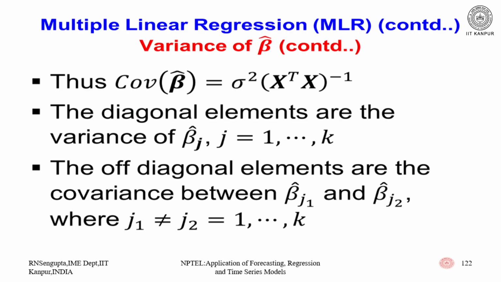Because if that is true, then the concept of unbiasedness would hold, which means that if I keep picking up observations and I find out beta hats, when I am talking about beta hat, I mean that set of vectors. Vector in the sense I am finding out beta naught hat, beta 1 hat, beta 2 hat, beta 3 hat till beta k hat, considering k number of independent variables.